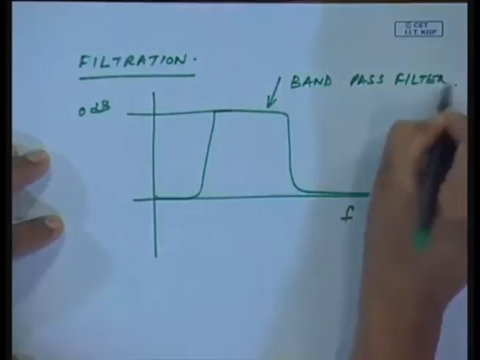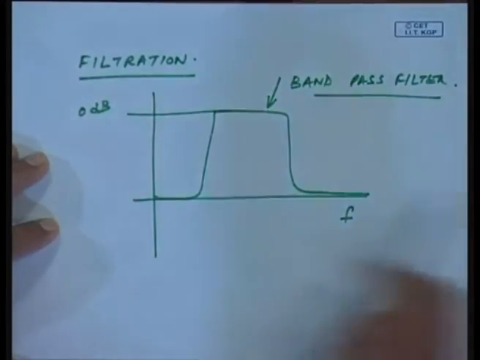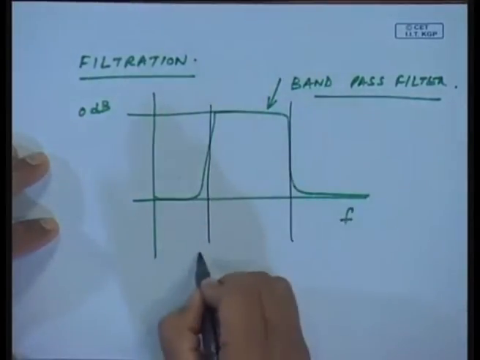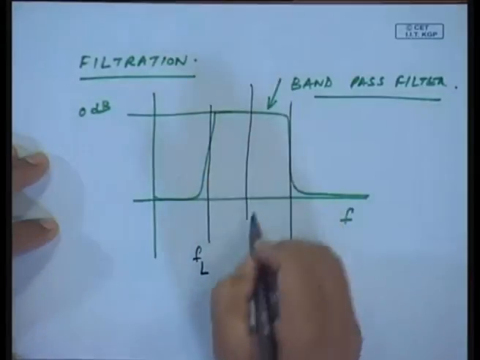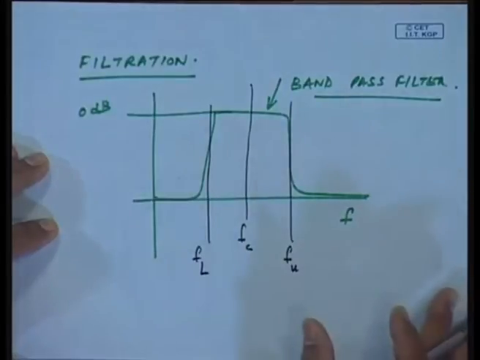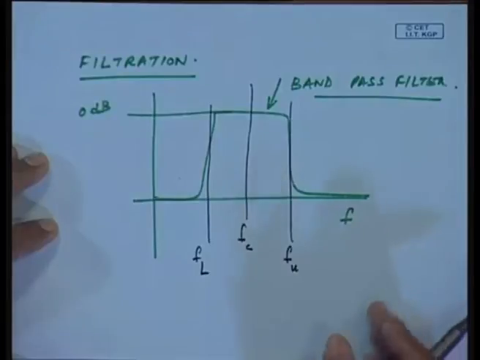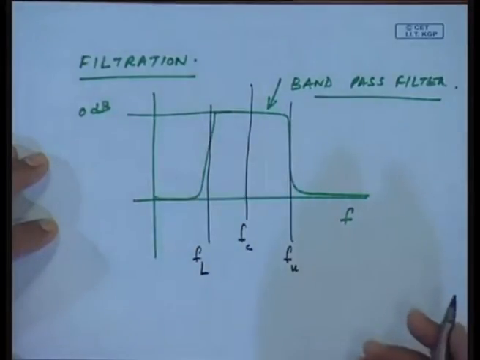It is going to eliminate the noise in the bands which are not of interest. So, this is my F lower and F upper, and this will have a center frequency F C. Depending on your understanding of filters, whether it is an octave filter, 1/3 octave filter, or a linear band pass filter, we can decide on this, or whether it is a notch filter.